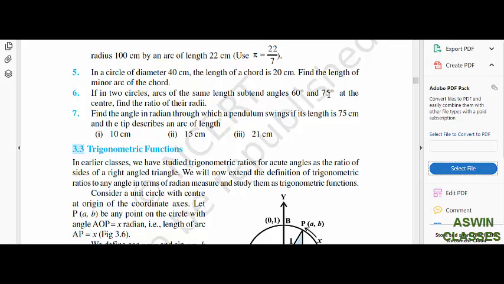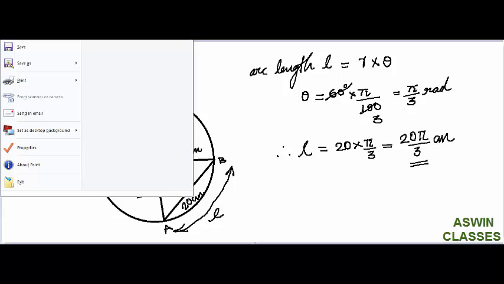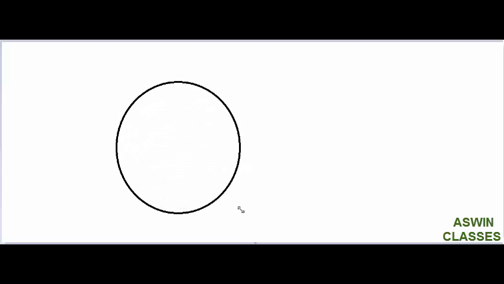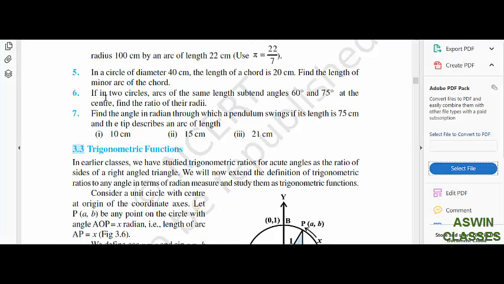See, these central angles are 60 degree and 75 degree, and they subtend the same length. Suppose this be our circle. You are given, if in two circles arcs of the same length, so you got two different circles.